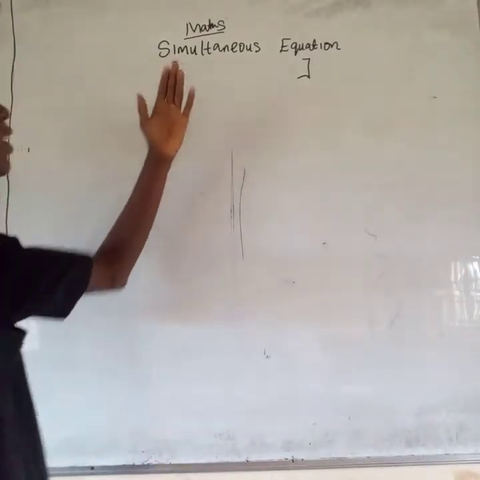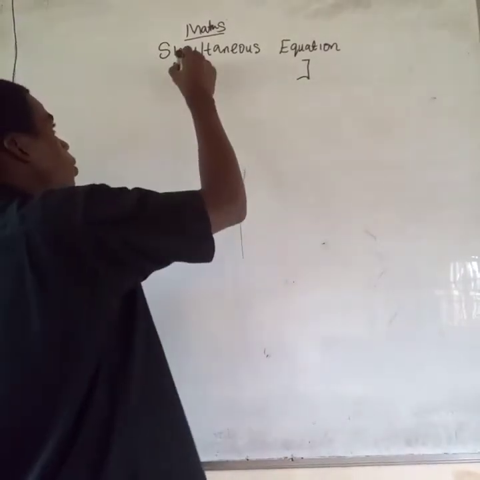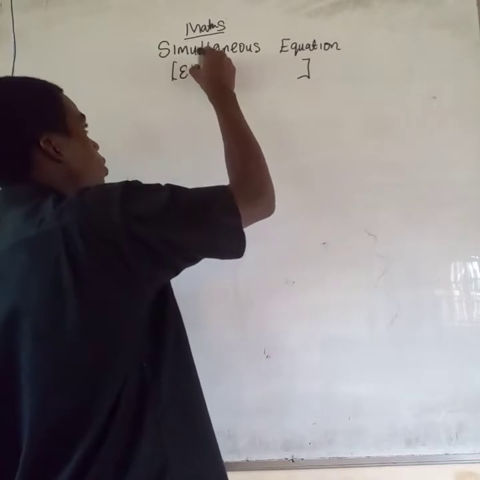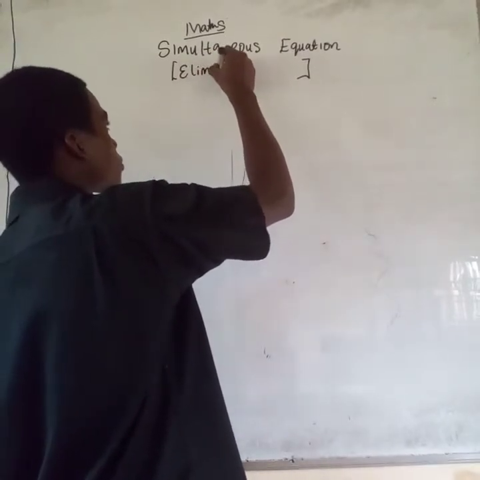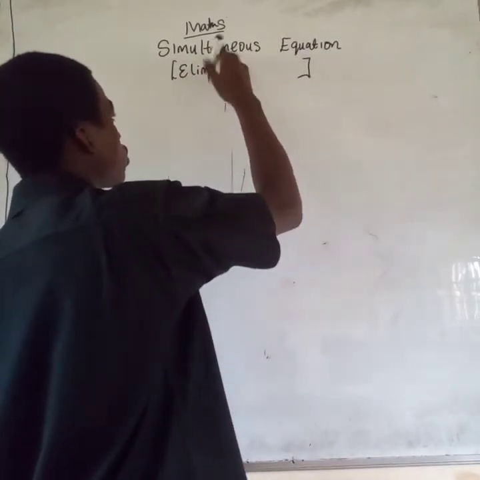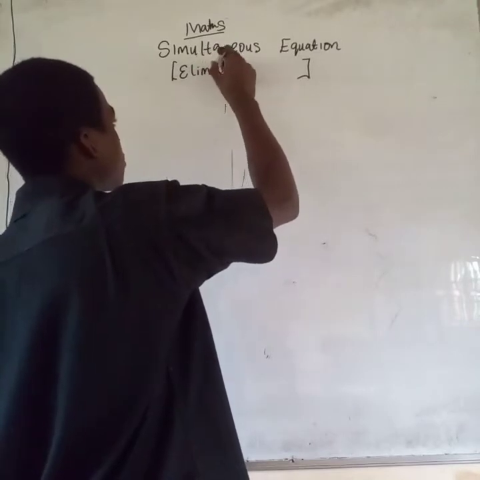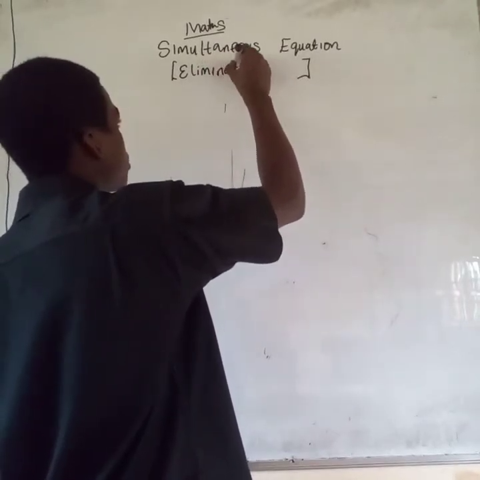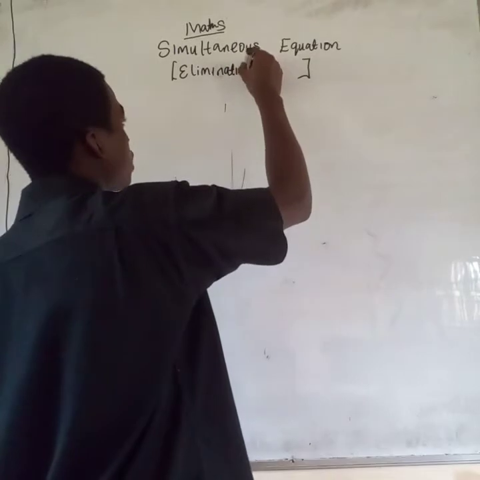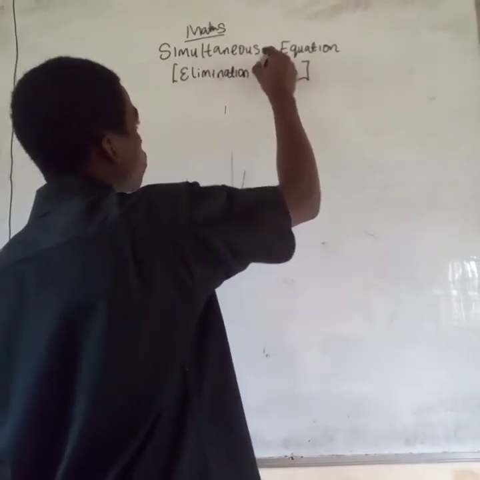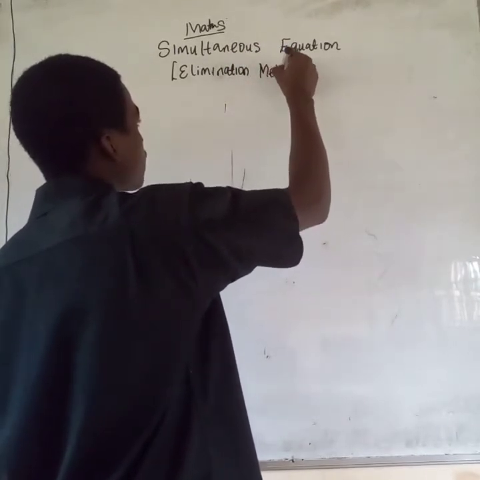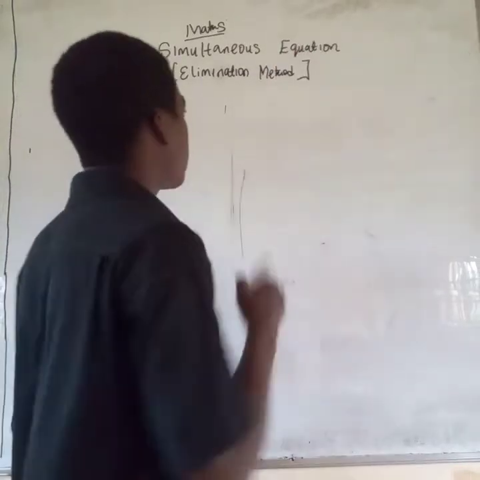Now we are going to be learning elimination method, because there are two methods involved in solving simultaneous equation. The first one is substitution method, which we have explained in detail in our last class.